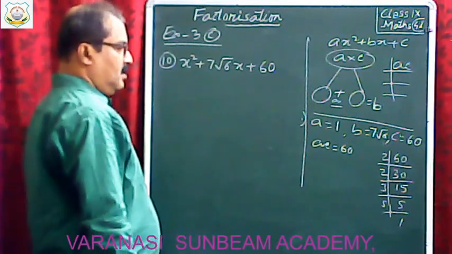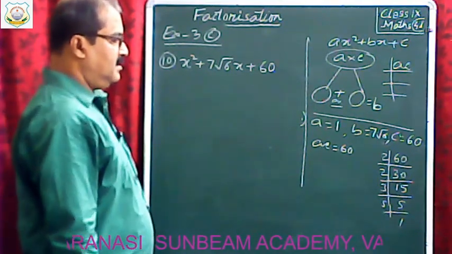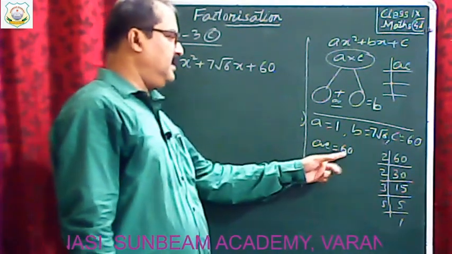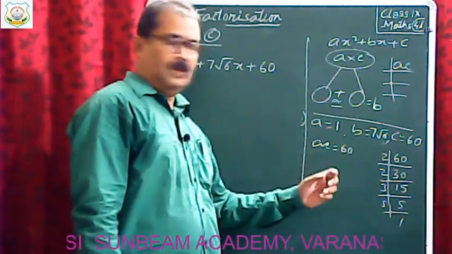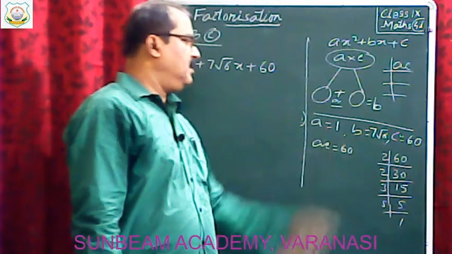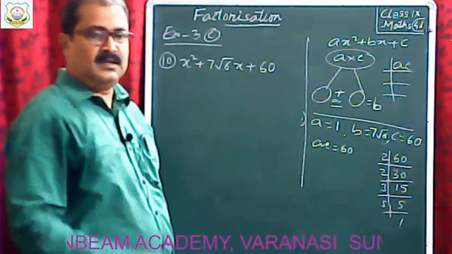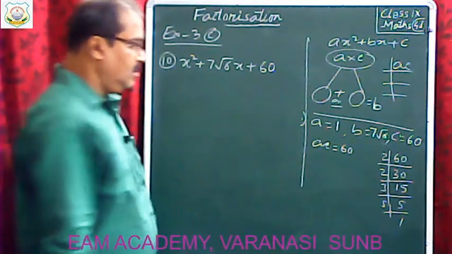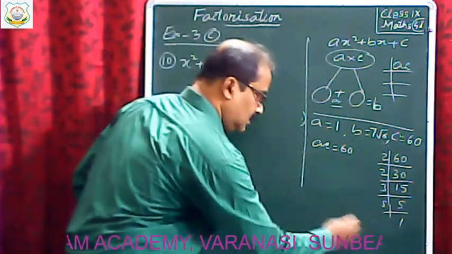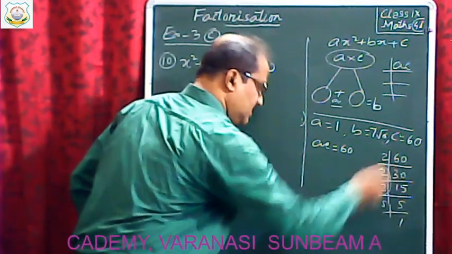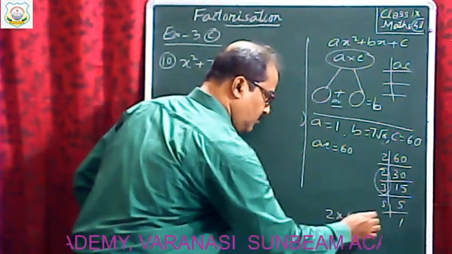Okay, thereafter you have to rearrange the factors in 2 terms such that the product of them is 60 again, and the addition or subtraction of the 2 terms must be 7 root 6. So B is given in terms of root 6. So better we can write the factors 2 into 3, 6 into 5.